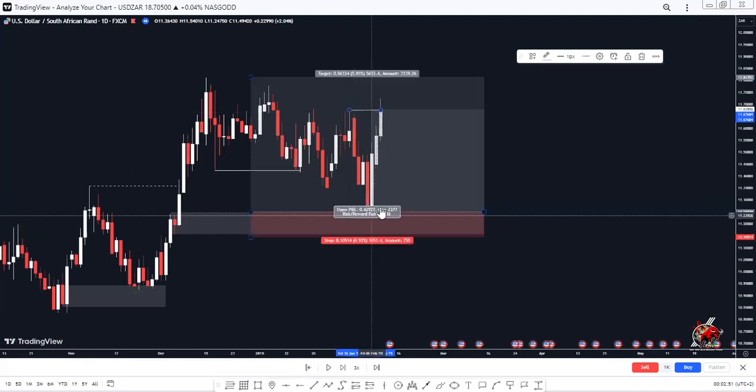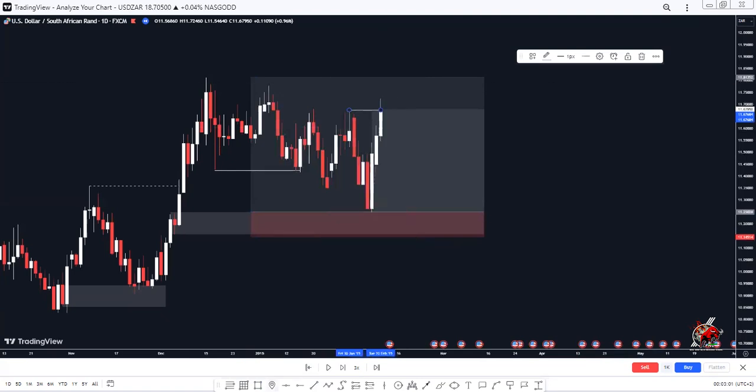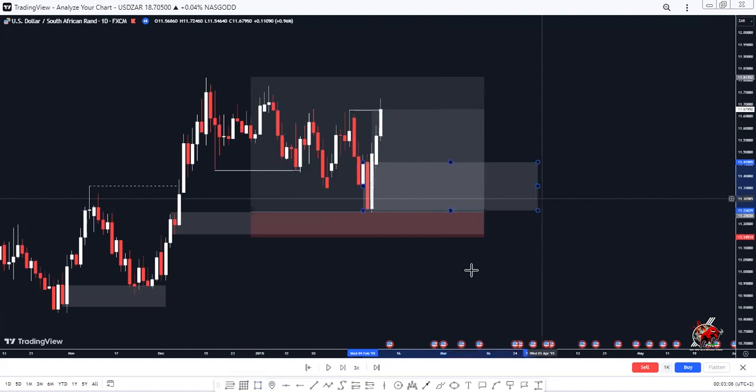After the market tapped into our order block, we wait for the market to break structure, to break this high, right? After breaking that high, we mark this as our order block for a re-entry, right? This is how you stack.